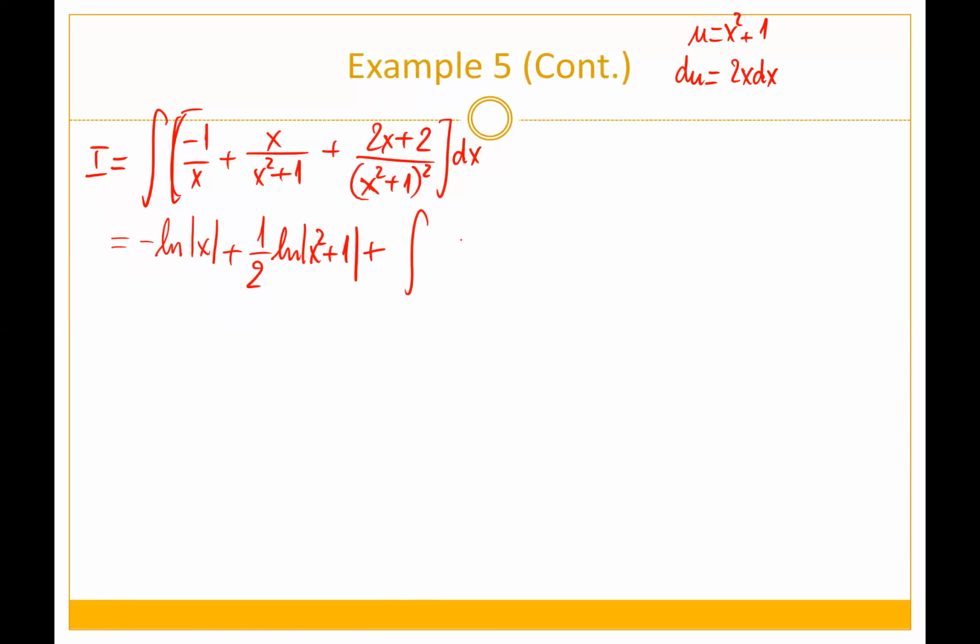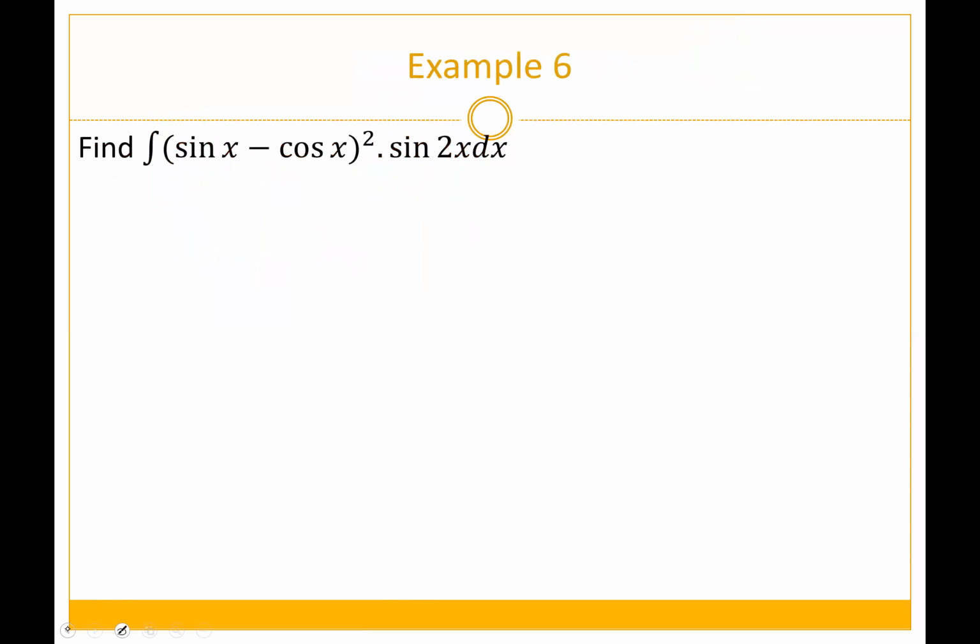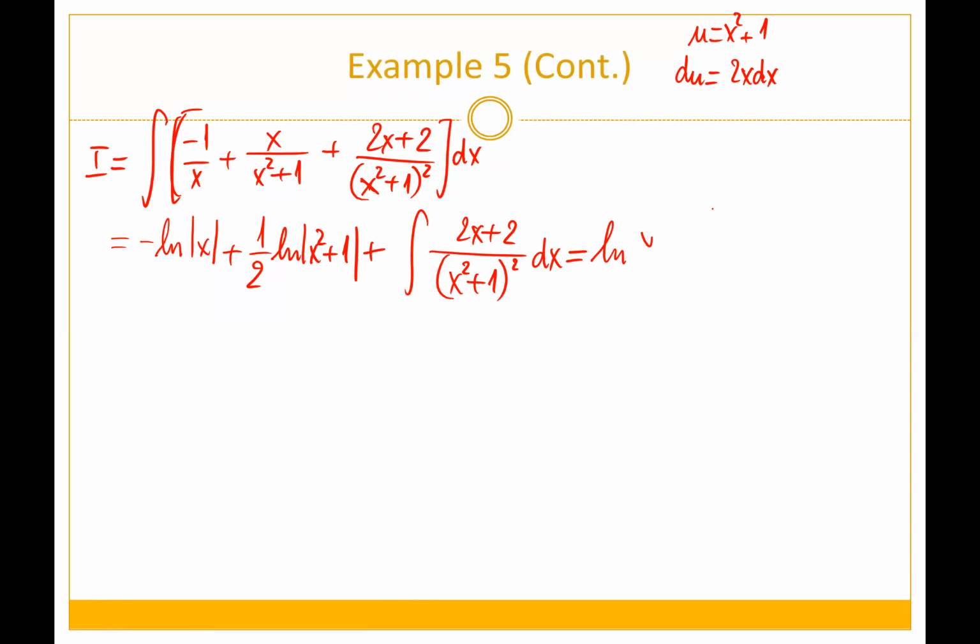Now what we have left is 2x plus 2 over x squared plus 1 squared dx. And so in this scenario, there are different things that you can do. First is that you can separate this. So first, I will simplify, so you have ln square root of x squared plus 1 divided by x.